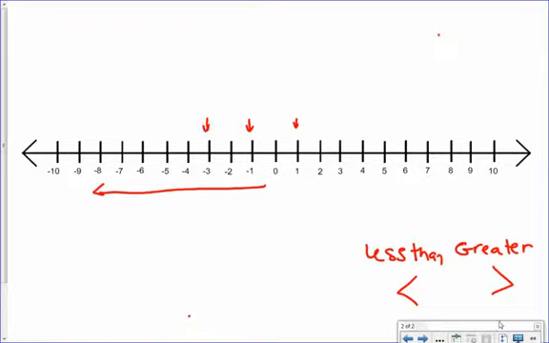Even though 3 is a bigger number than 1, as it goes negative, it means less and less. So even though the numbers get bigger in negative, it is less and less, it counts less and less, if that makes any sense. Okay, so let's say I had 6. So 6 is bigger than 1, 1 is bigger than negative 1, negative 1 is bigger than negative 3, and negative 3 is bigger than negative 6.